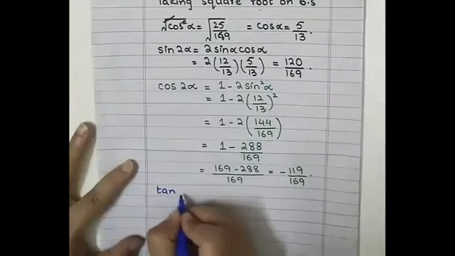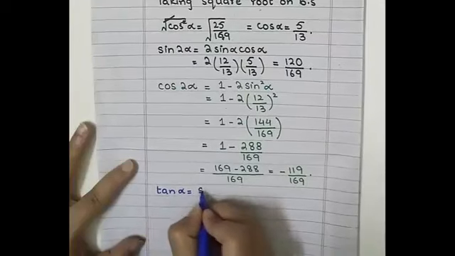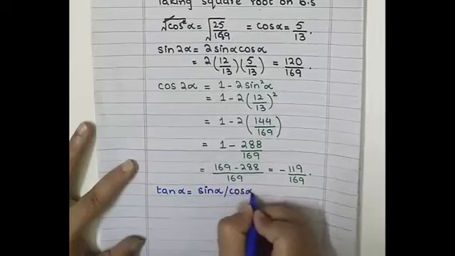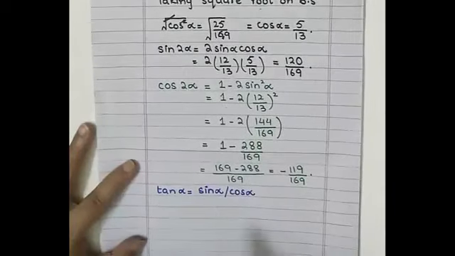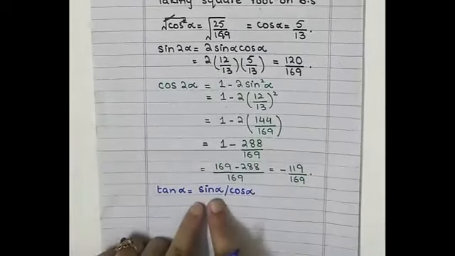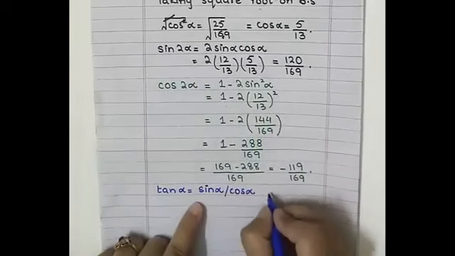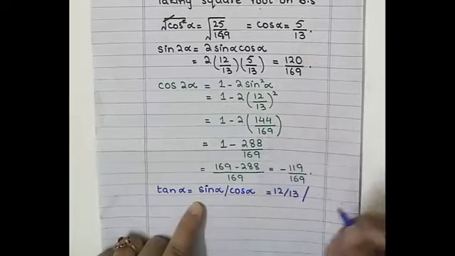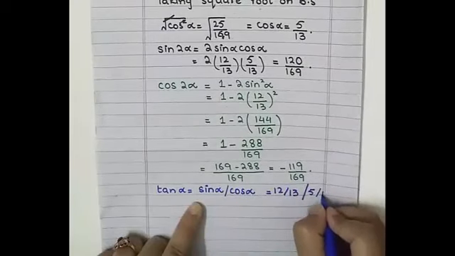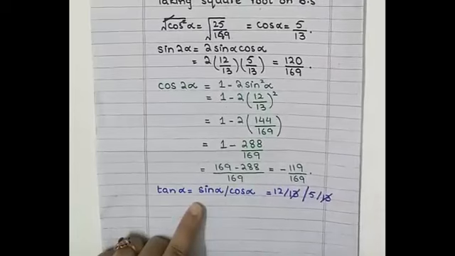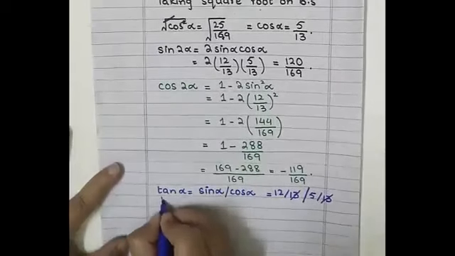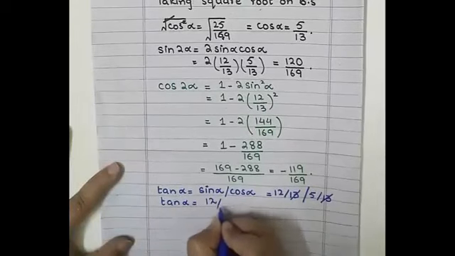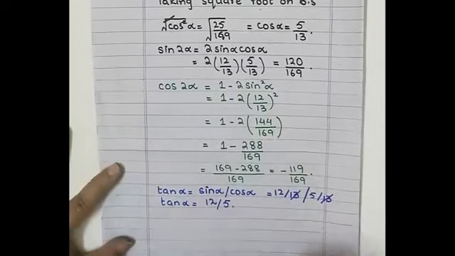Tan alpha is equal to sin alpha over cos alpha. The value of sin alpha is 12 over 13 and the value of cos alpha is 5 over 13. So 13 and 13 will be cancelled out, and the value of tan alpha is 12 over 5.